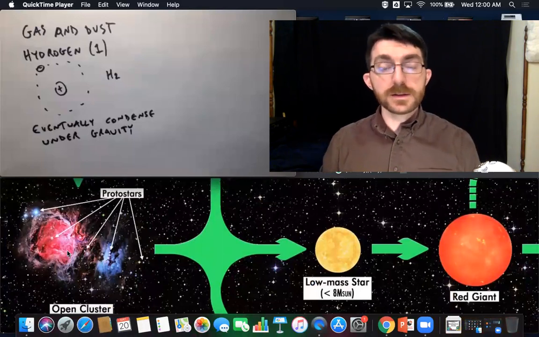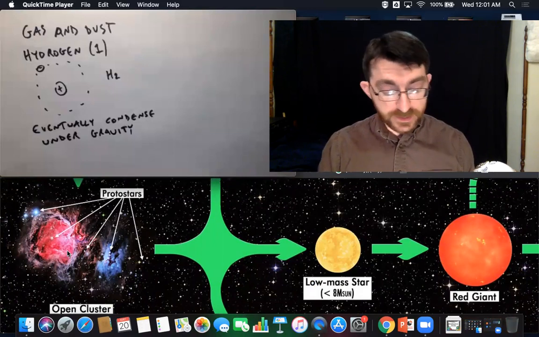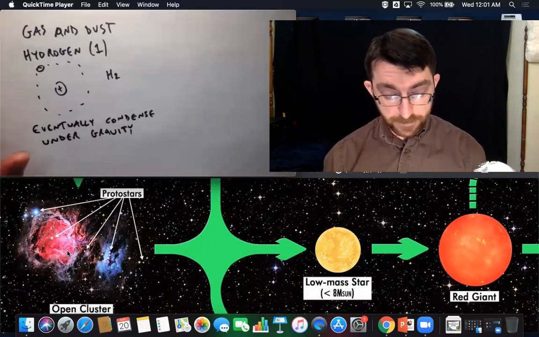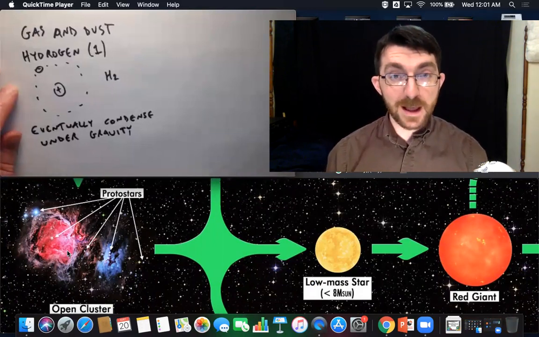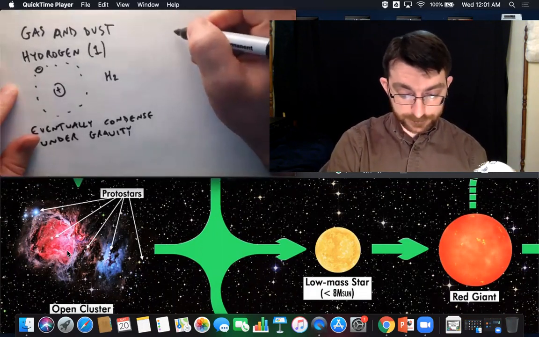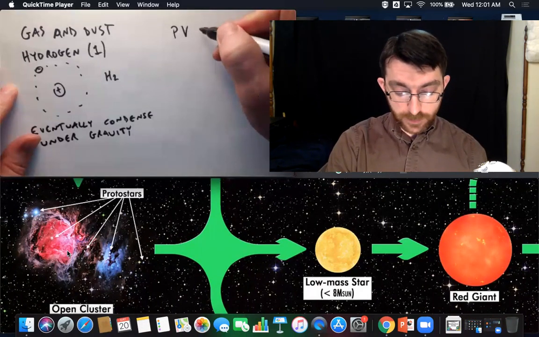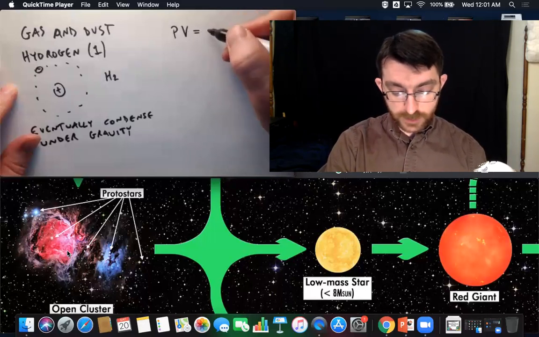So there is a formula that you learn in chemistry or physics, whichever you take first, about gases and their properties. And actually it looks like this. Pressure and volume are going to be proportional to, well, I'll just put a couple numbers here.